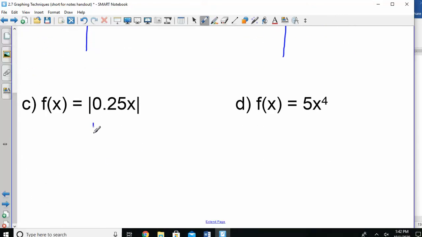C. What's an absolute value look like? V. 0, 0, 1, 1, negative 1, 1. You can do more points if you want. 2, 2, negative 2, 2. Enough to feel comfortable.